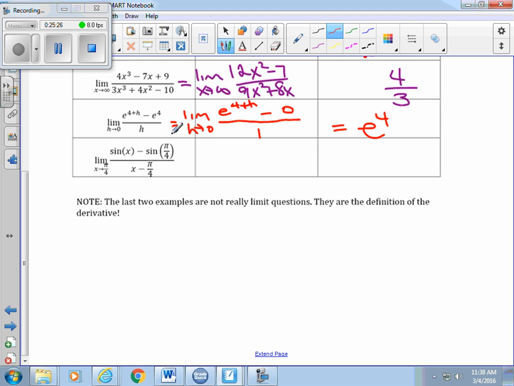0 over 0 again, agreed? Derivative of sine of x is cosine of x. What about the derivative of sine of pi over 4? Why is it 0? Because sine of pi over 4 is just a number. Y'all listening?